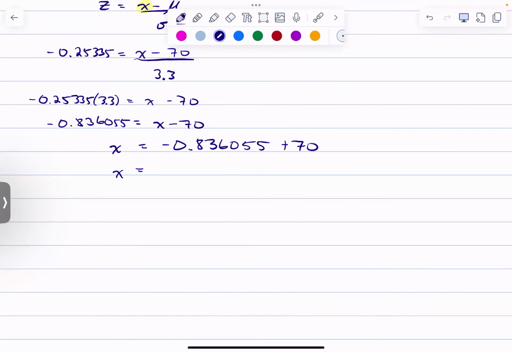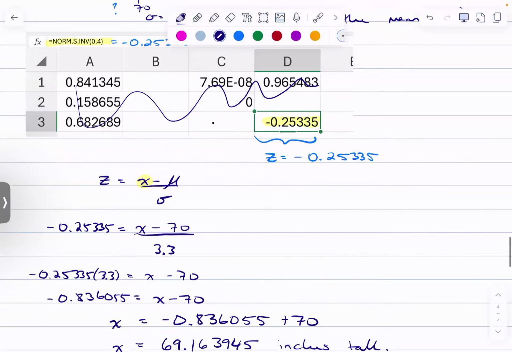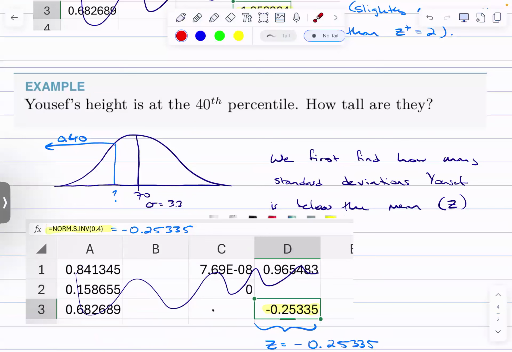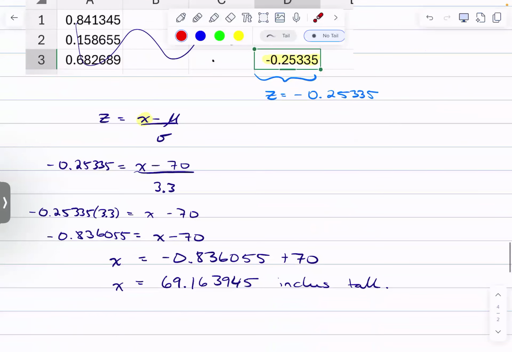Which means he's 69.163945 inches tall. So at 69.1 inches, let's say, or 69, then you're at the 40th percentile. Pretty nice.